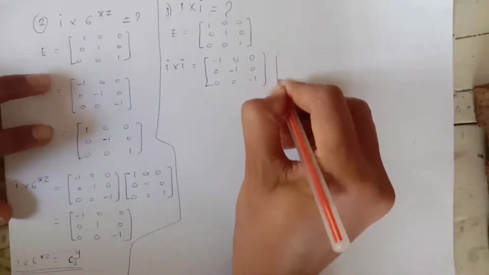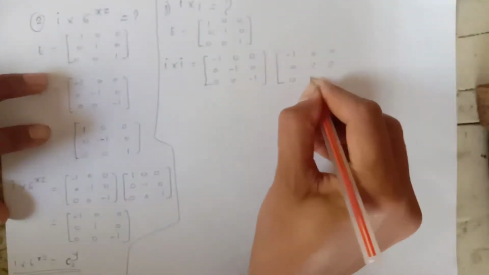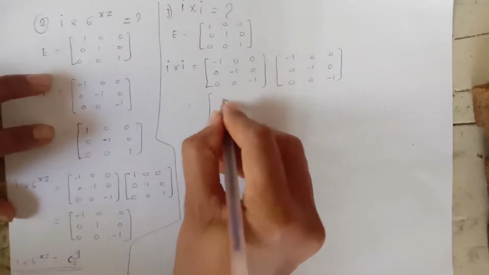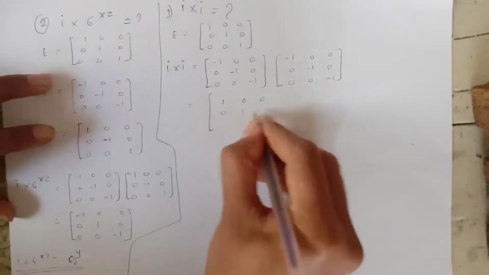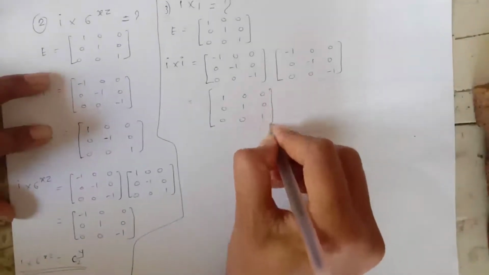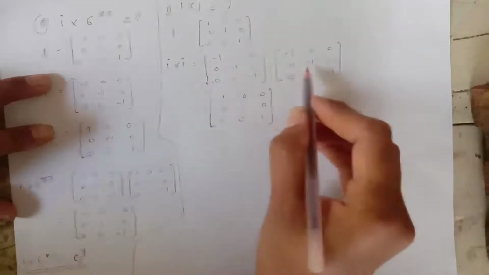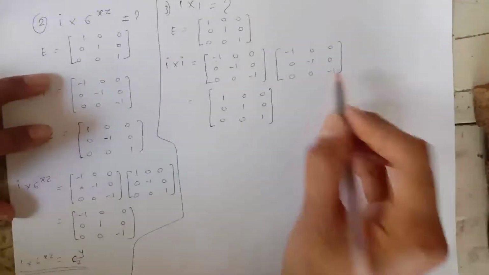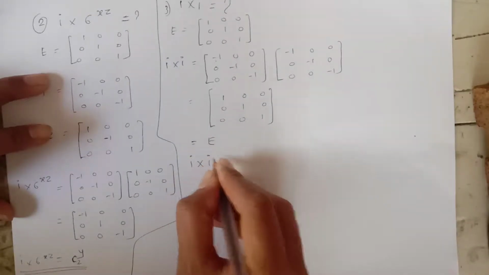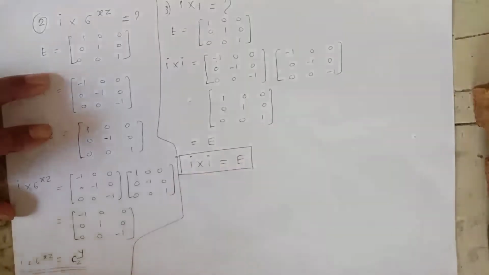What is again inversion? Minus 1 0 0 0 minus 1 0 0 0 minus 1. Then when you take the multiplication, minus 1 into minus 1 plus 1, minus 1 into minus 1 plus 1, minus 1 into minus 1 plus 1. Then you get here 1 0 0 0 1 0 0 0 1. That means identity. So here the product of inversion into inversion is E, that means identity.